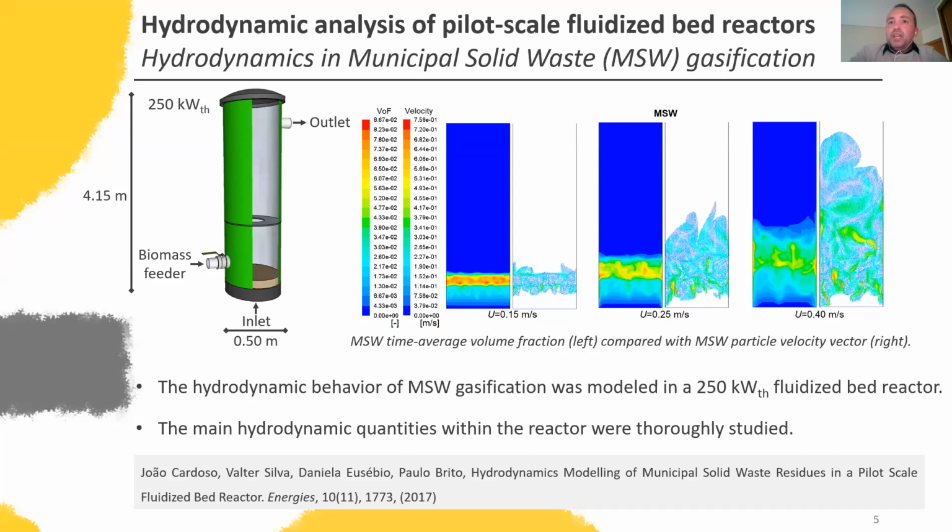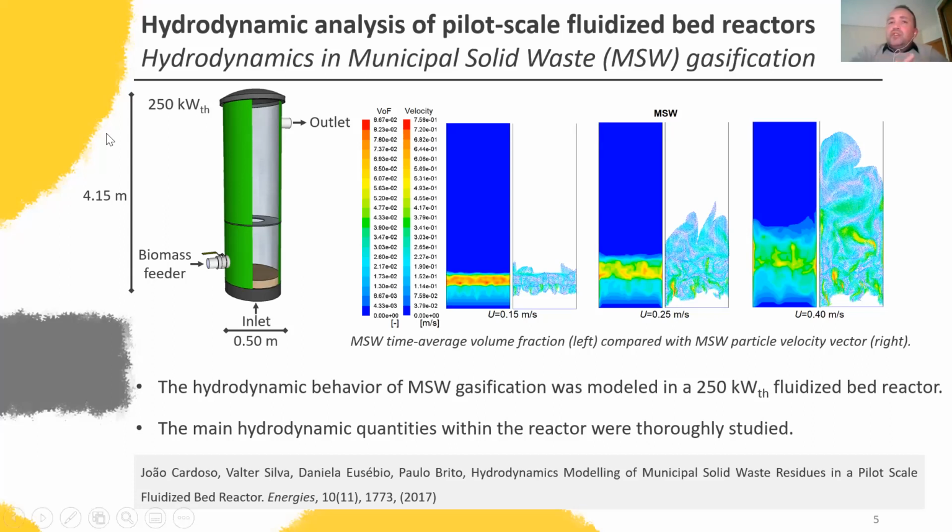Once again, what we have done here on a larger scale is try to understand the hydrodynamics, how the particles interact, because depending on the interaction, we can understand how to optimize the entire process.